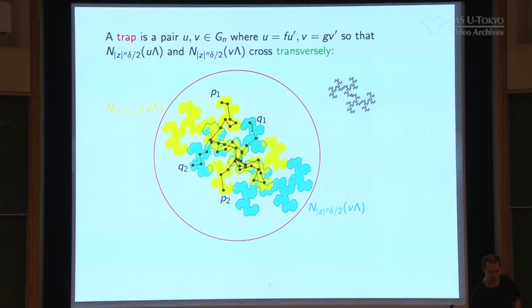And I take these two copies and I want them to intersect transversely. What does it mean to say they intersect transversely?